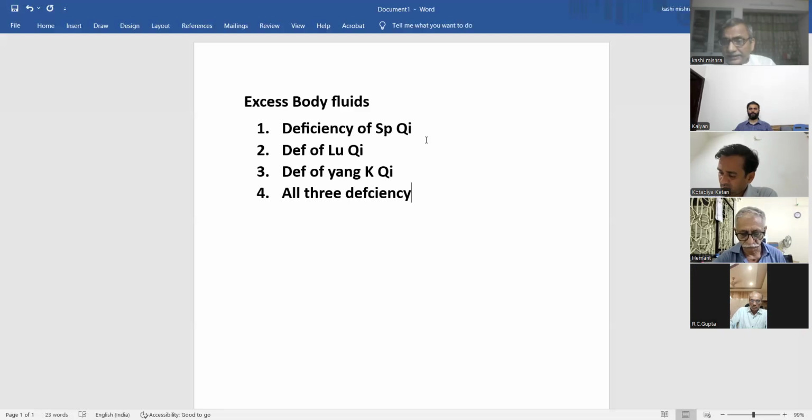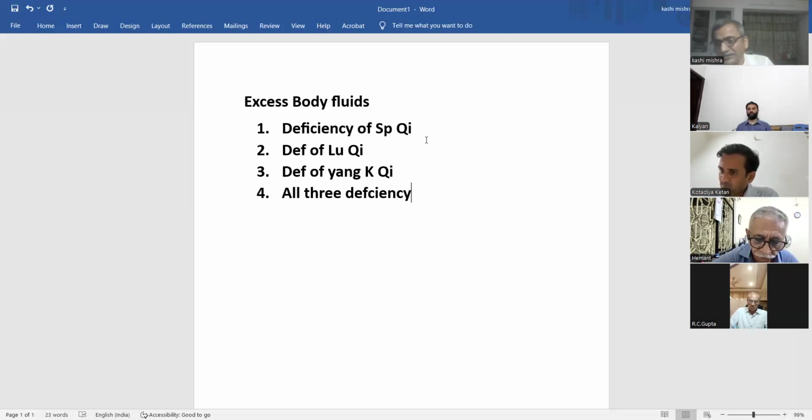So when there is an excess, the flow of fluids slows down, so there will be deposits and there will be a swelling. Now look at the place of the swelling and then decide which of the three. Which three? Spleen, lungs and kidney. Earth, metal and water.